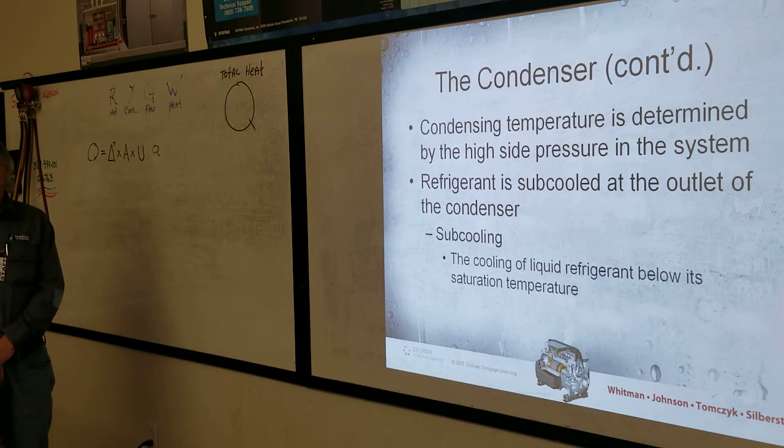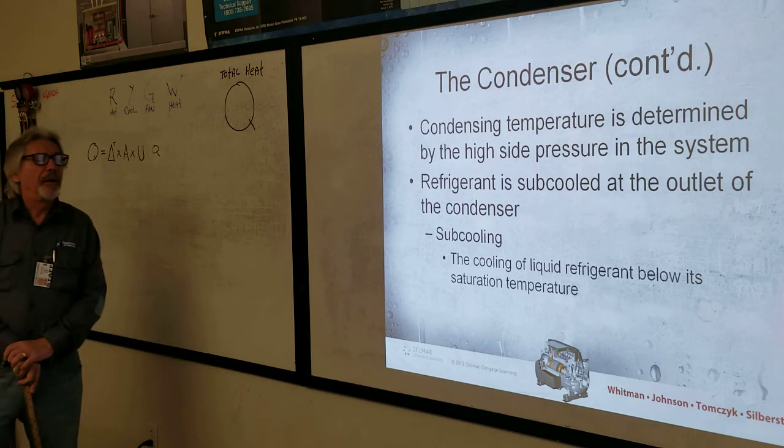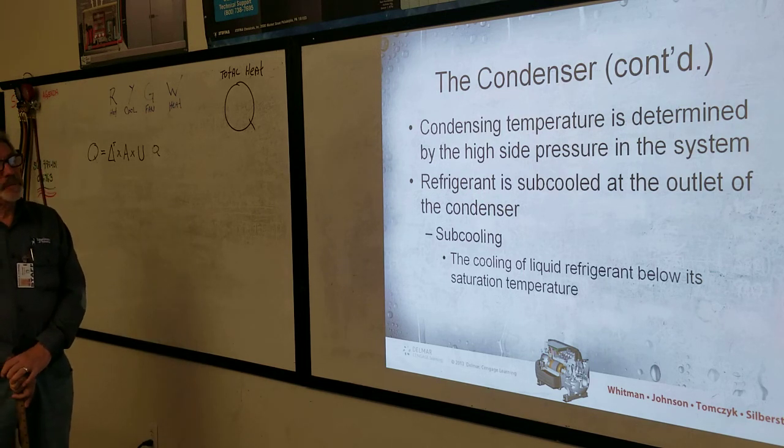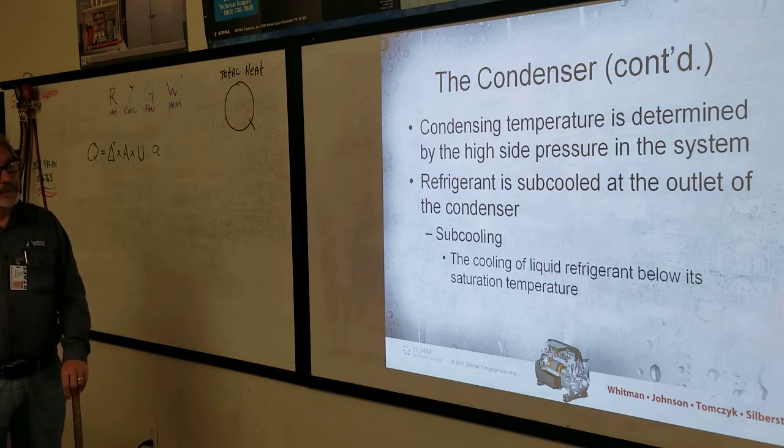Condensing temperature is determined by the high side pressure in the system. Refrigerant is subcooled at the outlet of the condenser. Subcooling is the cooling of liquid refrigerant below its saturated temperature.